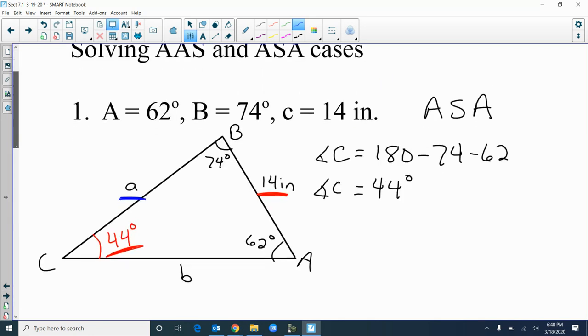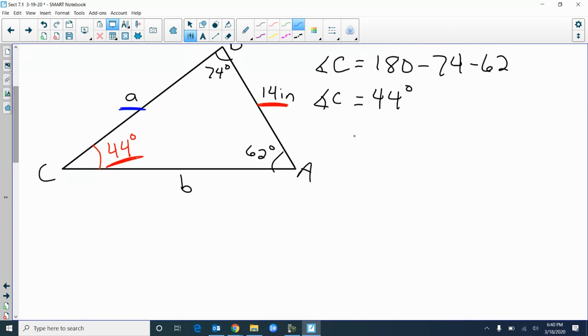So for, let's say, angle A, I would take the sine of 62 degrees over side A equals the sine of 44 degrees over 14 inches for that one.